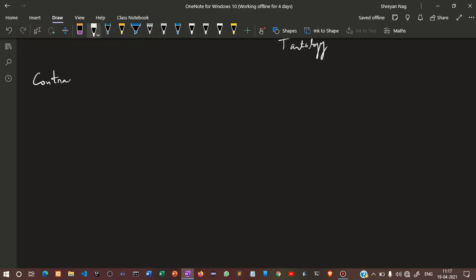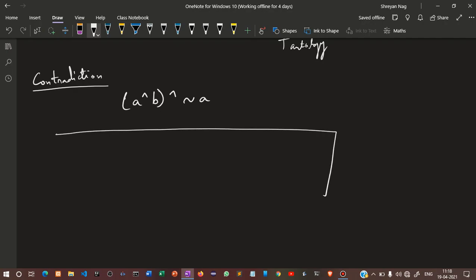Contradiction says that all the values in the truth table will be 0. Let's do this example: A conjunction B, conjunction, negation of A. Again there will be four combinations, so let us construct the truth table.